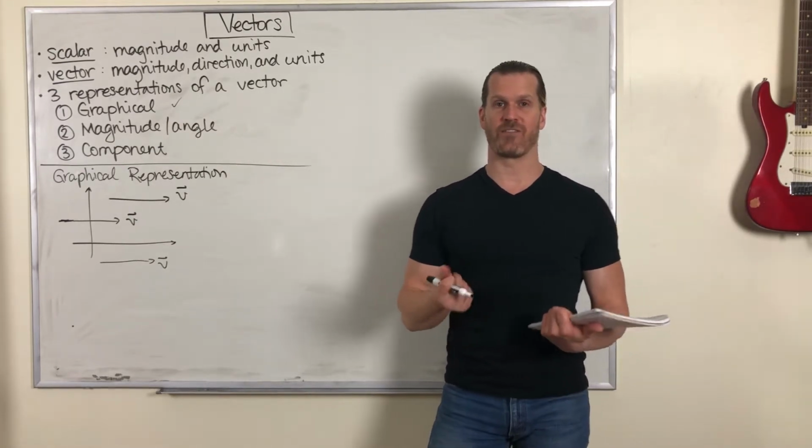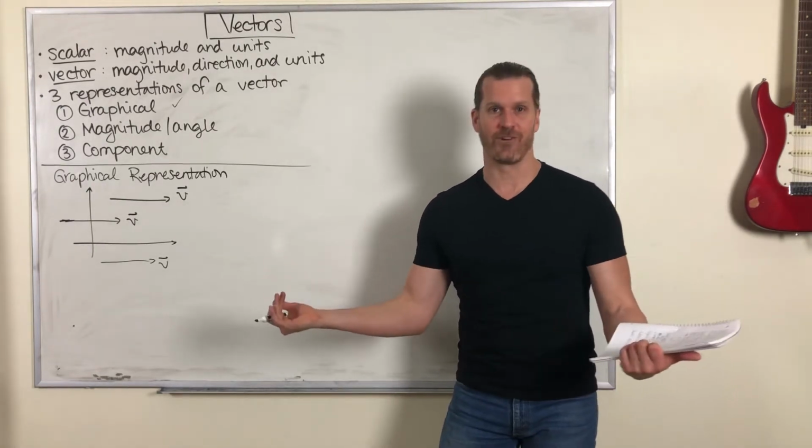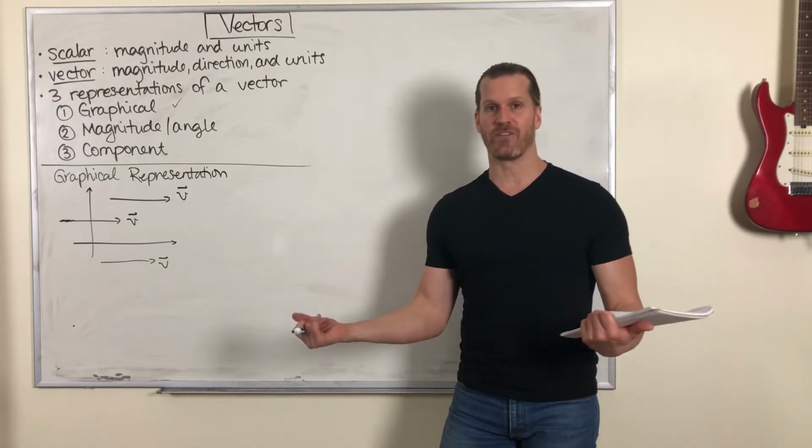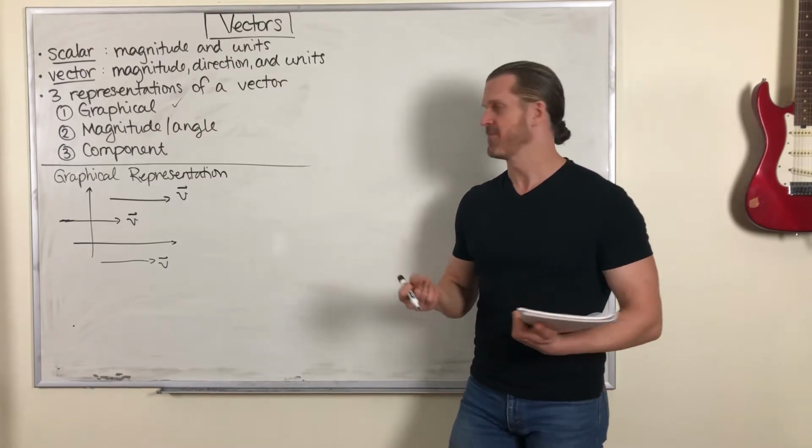They all represent the same velocity because they all have the same length, or I tried to draw them with the same length, and they all point in the same direction. They all point to the right, or east.